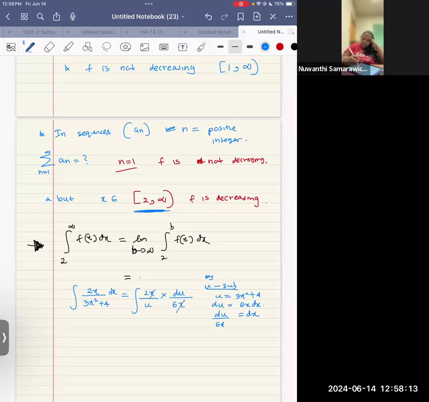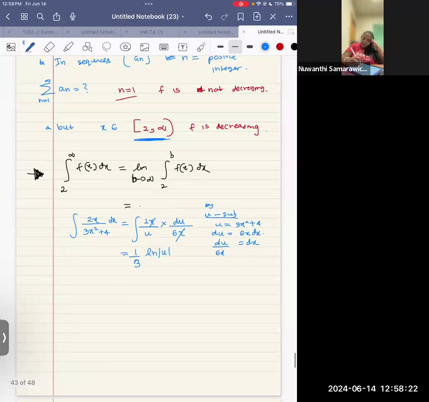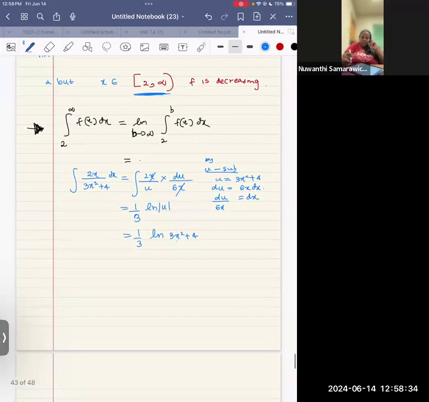Then 2x times du over 6x, the x gets cancelled, giving 1 over 3 ln u. And u is 3x squared plus 4. I don't take the absolute value because it's always positive, because of x squared. So you don't have to use the absolute sign.